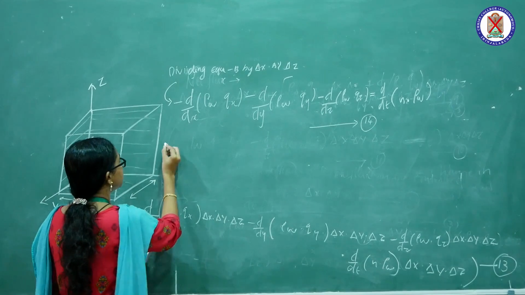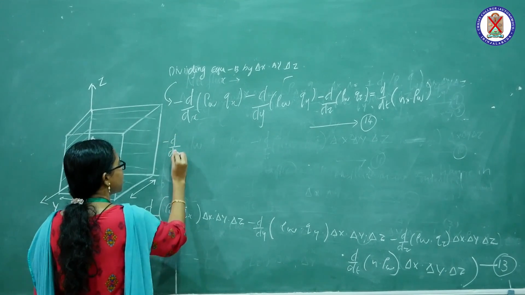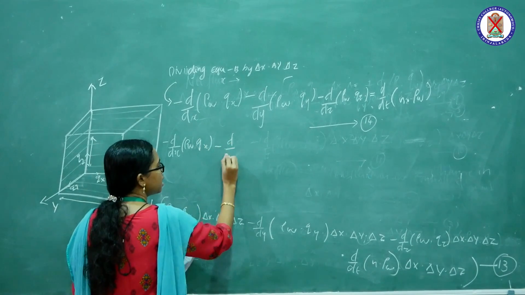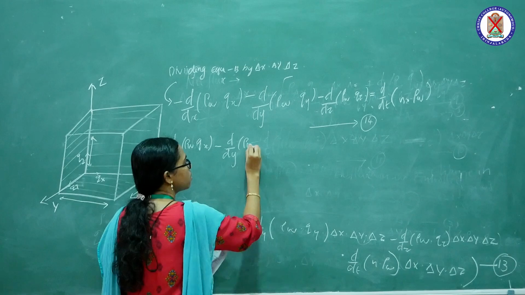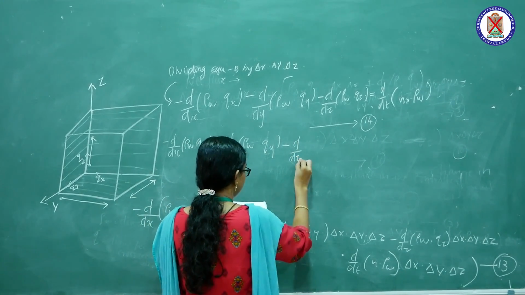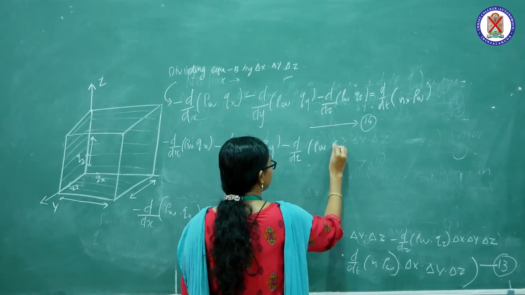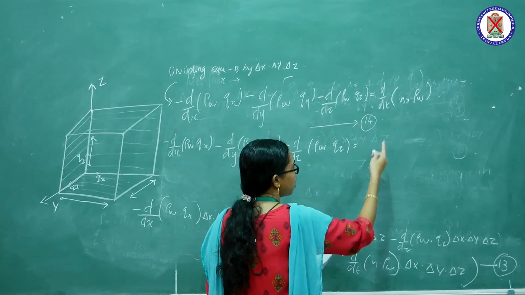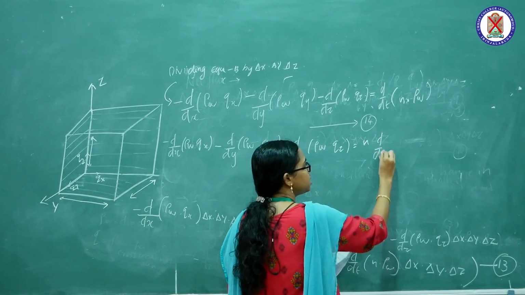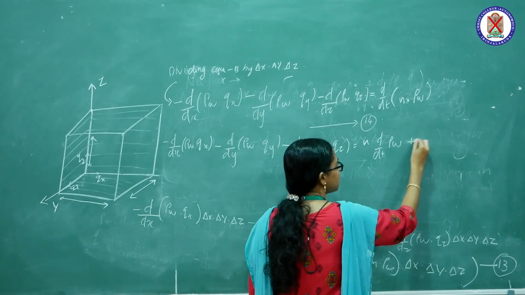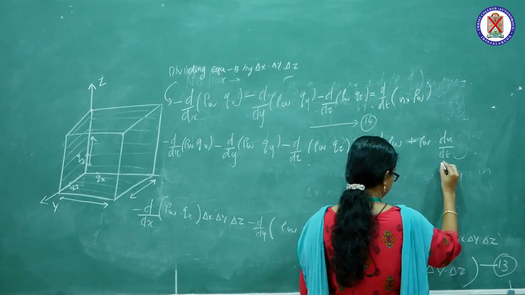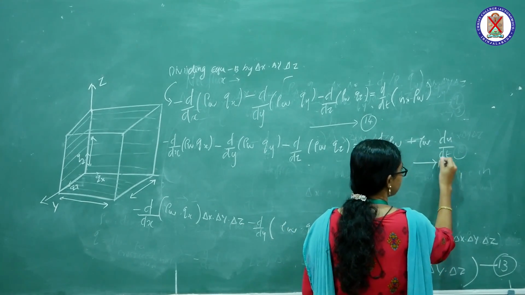So we will get the equation like this: minus d by dx into rho w into qx minus d by dy of rho w into qy minus d by dz into rho w into qz is equal to, according to the product rule, the right hand side, n into d by dt of rho w plus rho w into dn by dt, and this is equation number 15.